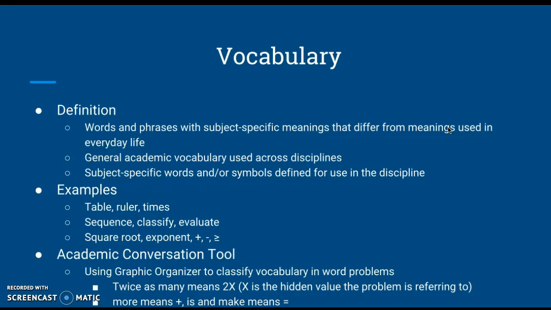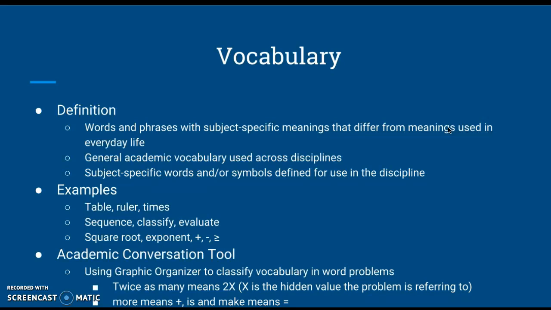An academic conversation tool that we can use to enhance vocabulary in our lesson plans could be a graphic organizer. So for example, writing words such as "twice as many" on the left-hand side, and on the other side of the box on the right-hand side it means 2x.